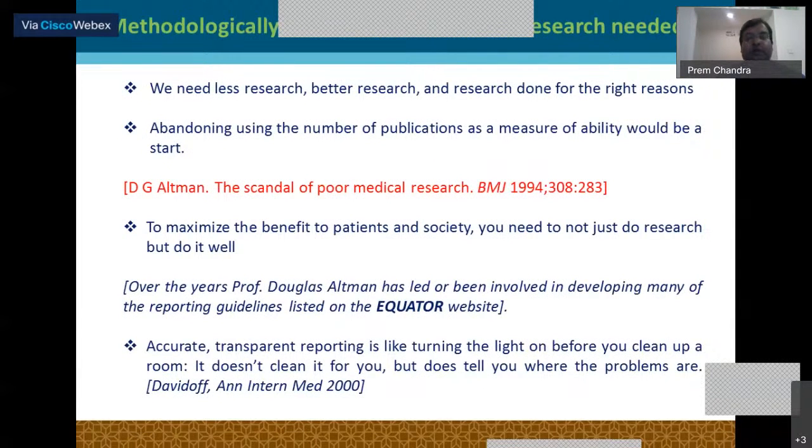So before I present the main topic, I would like to preface with a statement which was published in the BMJ by Professor Douglas Altman.